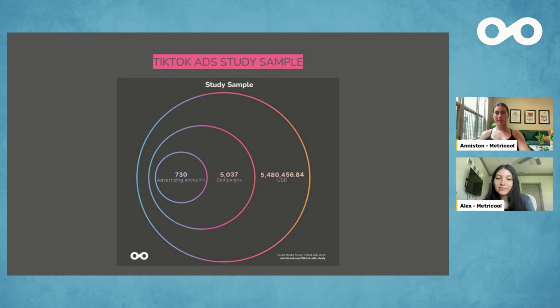And if you looked at our Facebook ad study, it was a significant amount, like 3 billion, I want to say. And that was over a 90-day period. So just looking at that amount of money invested is, yeah. Anyways.